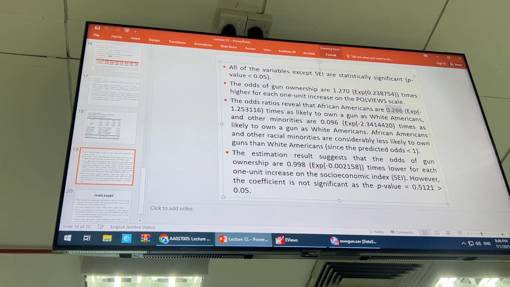Similarly, for other minorities, the odds ratio 0.069 is less than 1. So again, they are also less likely to own a gun as compared to white Americans. So African Americans and other racial minorities are considerably less likely to own guns than white Americans, the reference category, since the odds ratio is less than 1.